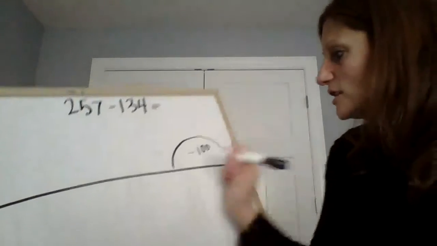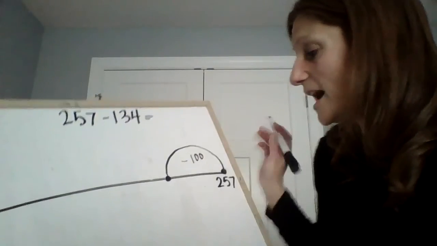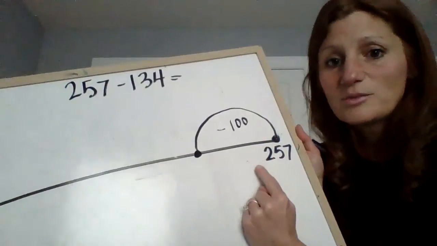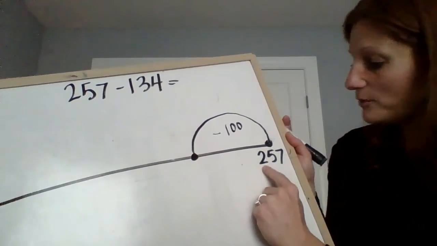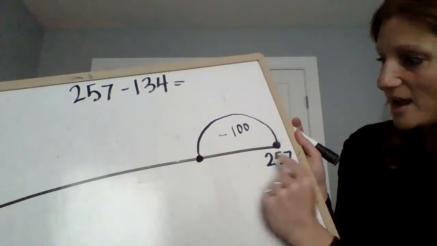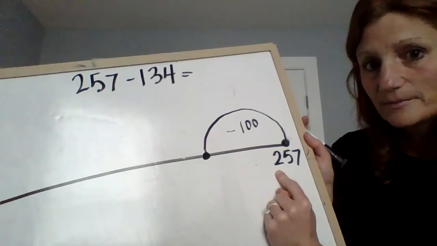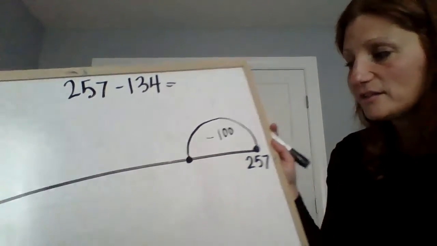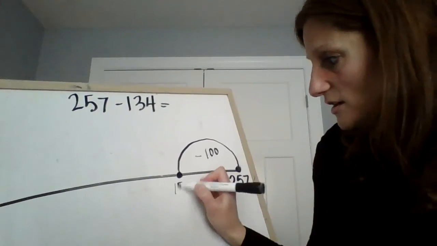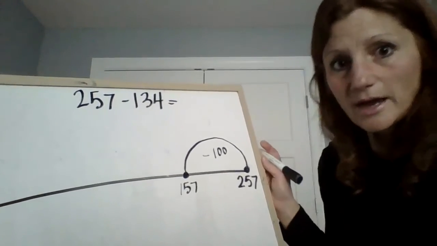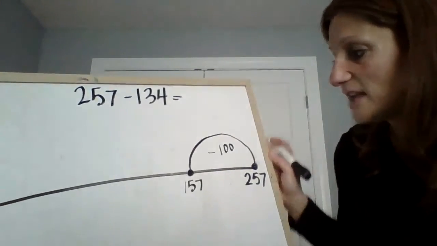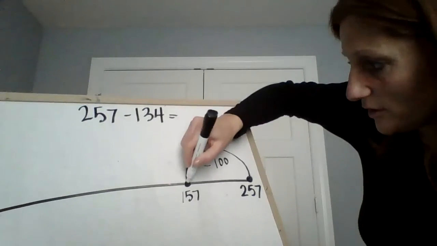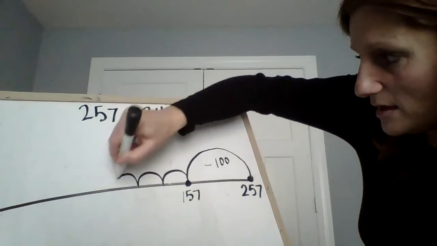We're going to take away 100. Now, you guys should be experts at this because we did this every morning in our math journals. If we have 257 and we take away 100, the only thing changing right now is our hundreds place. So we're going to land on 157. Okay? Now, next we have to take away 3 tens or 30. 10, 20, 30.